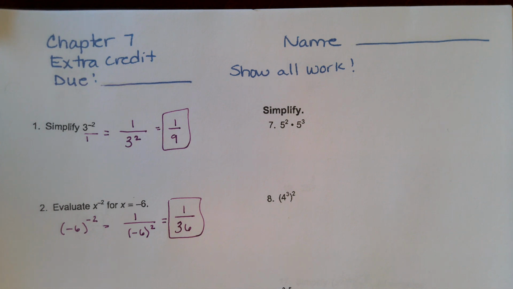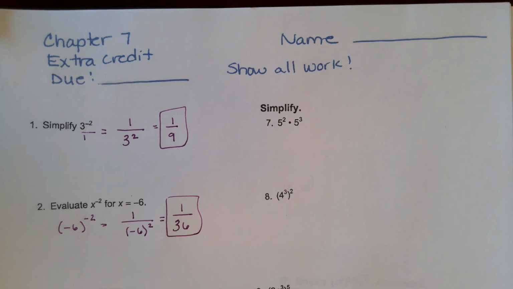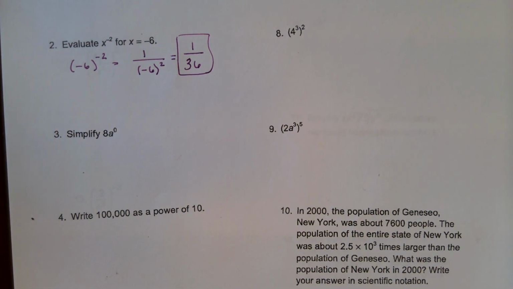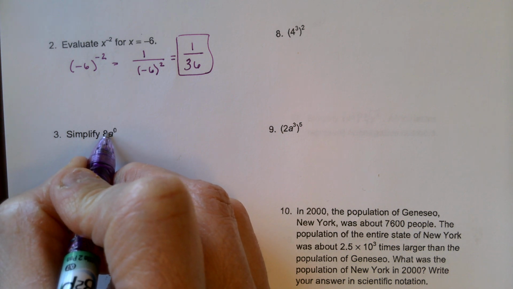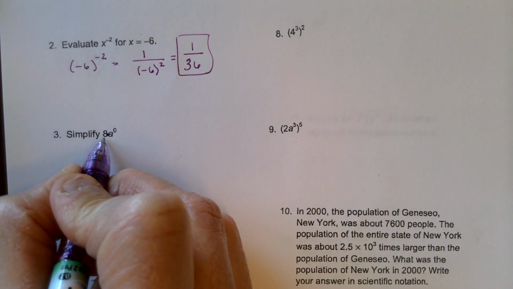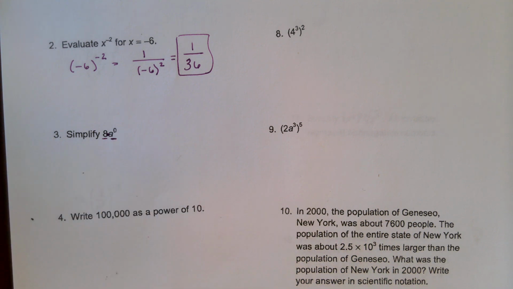All right. Moving on. Simplify A. Now, you really need to understand what it's saying. It's saying A times, there's a multiply in there, 8 times A to the 0. Okay, so there's 2 things here. We got 8, and we're multiplying it by an A to the 0.